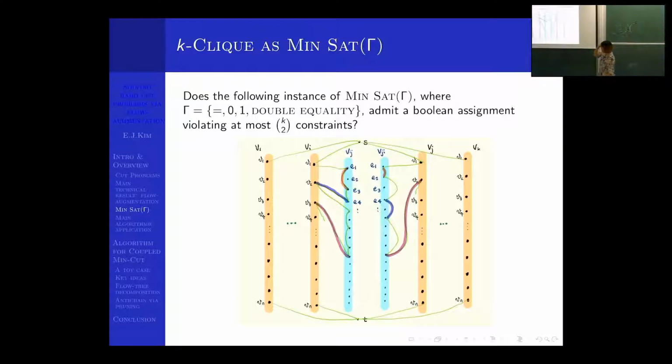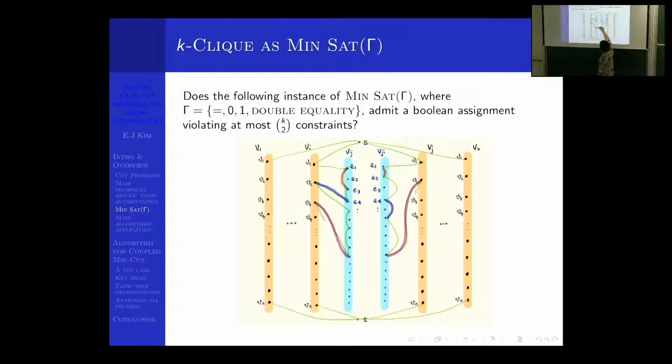So I will first show a reduction from multicolored k-clique to some graph cut problem. This cut problem is very easy to see can be expressed as Min-SAT gamma with double equality in addition. How do we build it?